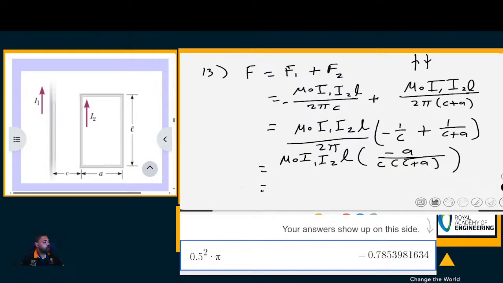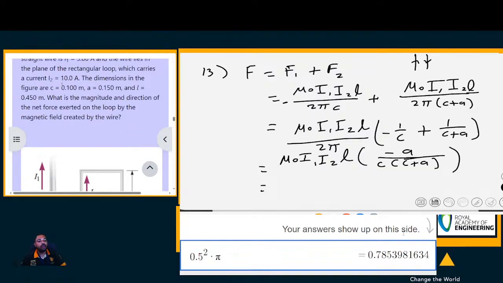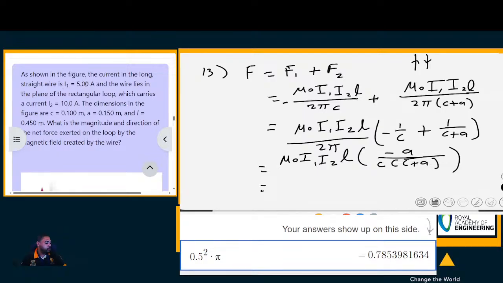Now if you plug in every single one of those values, where mu naught is 4 pi times 10 to the negative 7, I1 is 5 amperes, oh, by the way, I left 2 pi out. I2 is 10 amperes. L, the length, is 0.45 meters. 2 pi times negative A, the length is 0.15 meters. C is 0.1 meters.